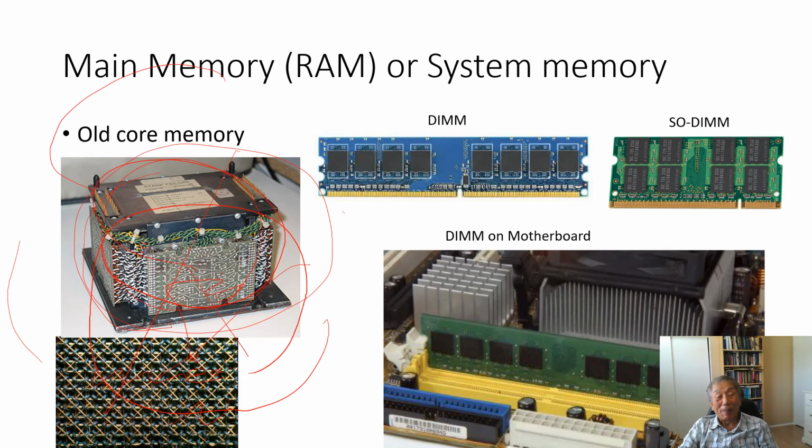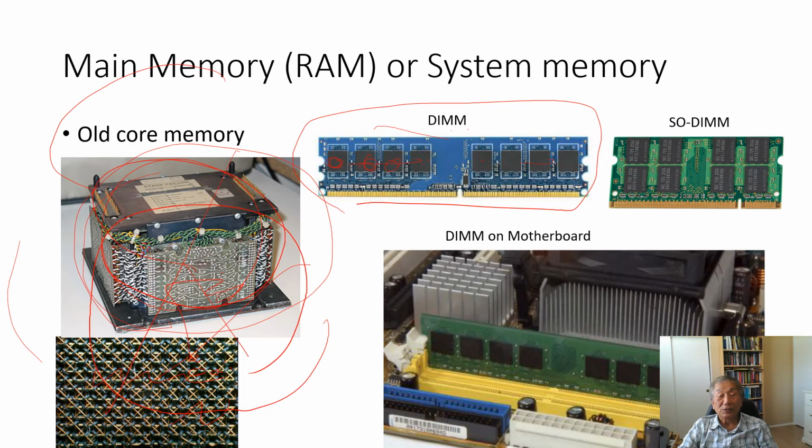Then we have modern computers with this kind of thing. It's a dual inline memory module. Usually this side and the other side both have chips, so dual, and inline means lined up. The individual module has memory here, memory here, memory here, like that, or actually 1 bit, 1 bit, 1 bit over 8 bits.